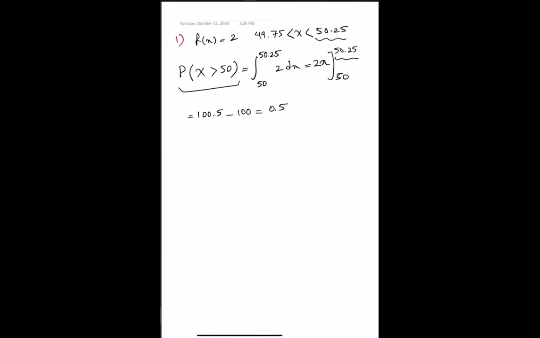The second part says, how much chemical is contained in 90% of all packages? Meaning that, with the chance of 90%, you can say that the weight of a package is greater than this specific value.